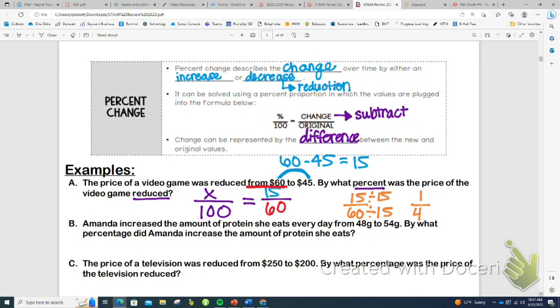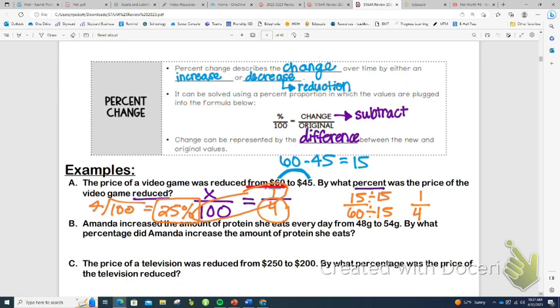So now I can replace those values with smaller numbers of 1/4. And now I can cross multiply and divide. 100 times 1 is 100, and 100 divided by 4 equals 25, and that is a percent. So our answer is 25%.